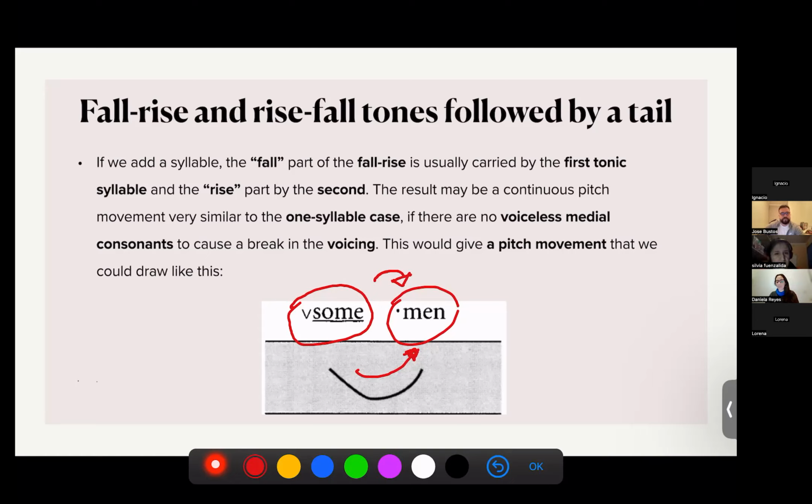Some men. So we're going to continue with the same pitch, with the same tone, that is rise. Because this symbol represents a full rise. That means that I have to continue with a rise tone in men.